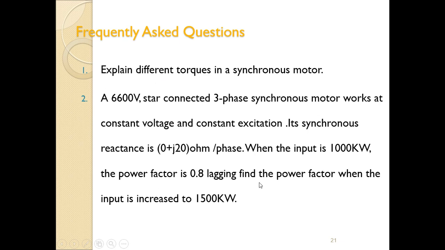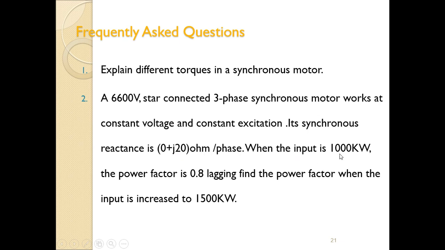And this is one problem, just now what I did in the last second problem. A 6600 volts star connected three phase synchronous motor works at constant voltage and constant excitation. Its synchronous impedance is 0 plus j20 ohms per phase.